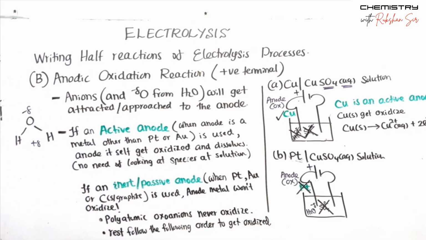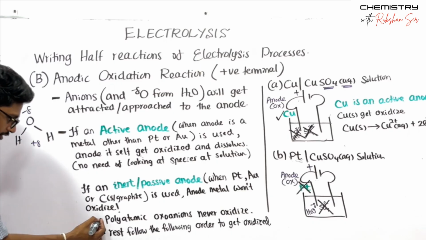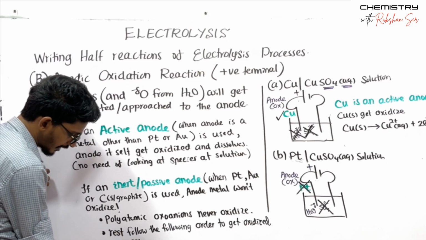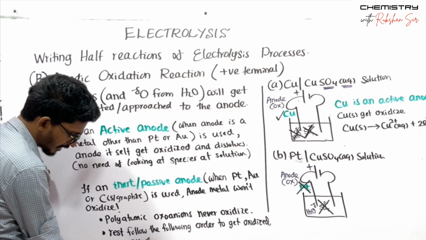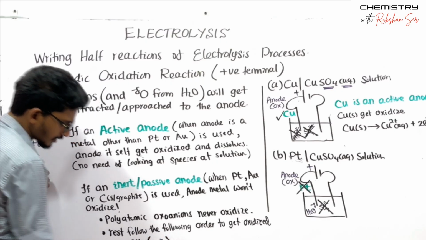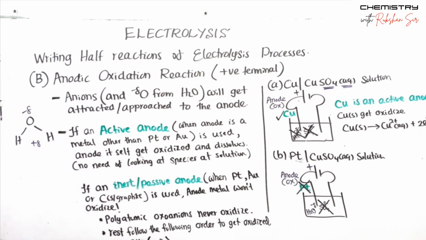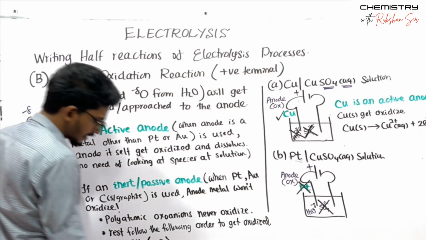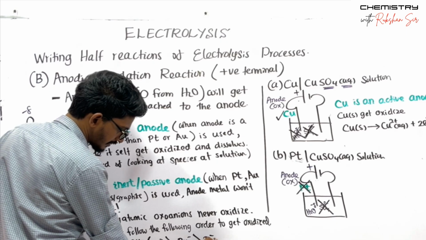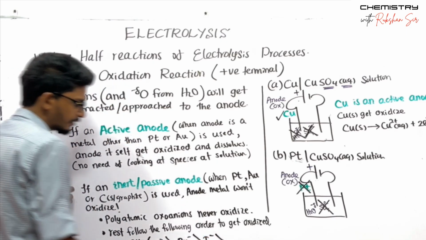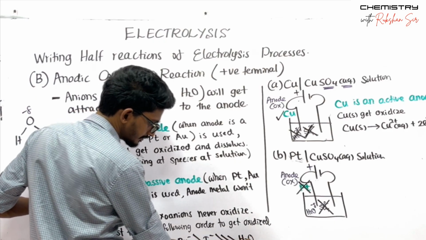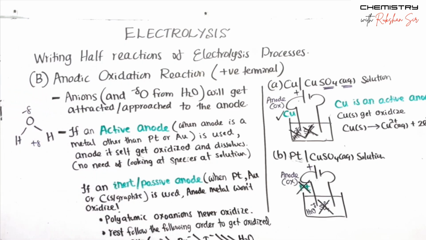What is the order? First comes the turn of the negative ions, the OH minuses as well as the Cl minuses. Those are the most keen to get oxidized, first of all. Then comes the Br minus, then the I minus. If you don't have any negative ion, then there is a chance for the water.